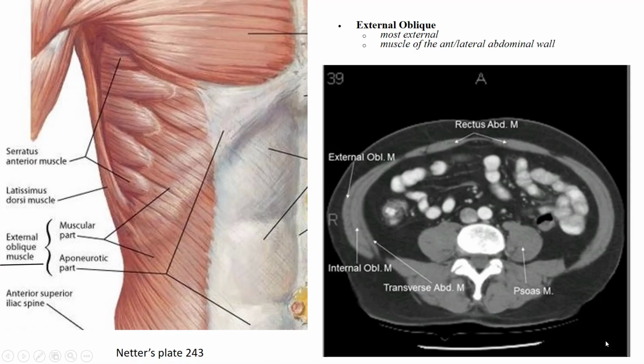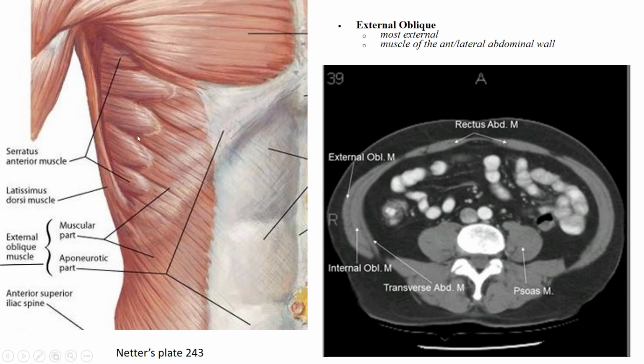So the external oblique is the most external of the muscles that surround the torso, and it is a muscle of the anterior and lateral abdominal wall. So you can see here how it starts in a more superior portion of the body, and it wraps anteriorly and inferiorly at the same time.